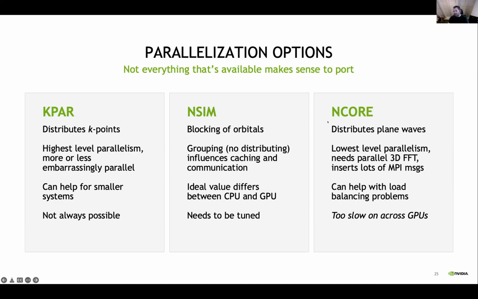And then there is this NCORE flag, which controls whether or not and how many GPUs would take part in the FFTs. And we found that whenever you split this, it is detrimental for performance.